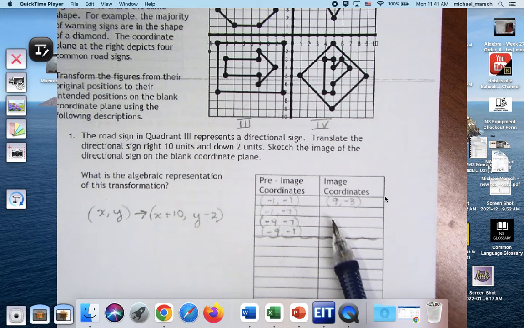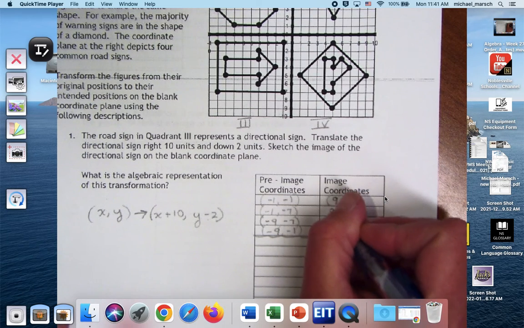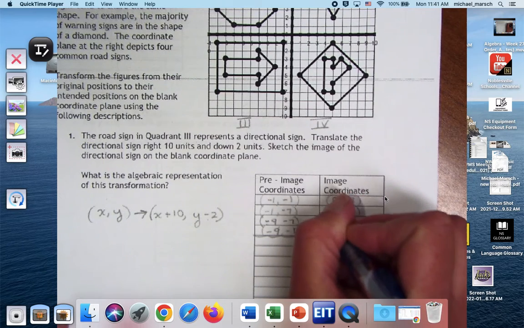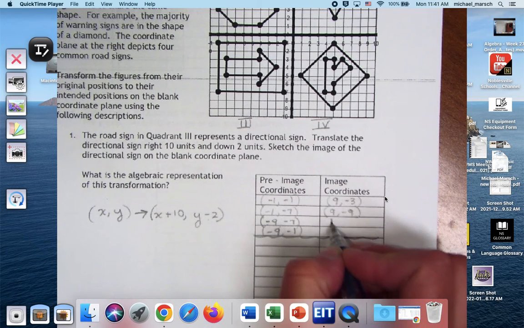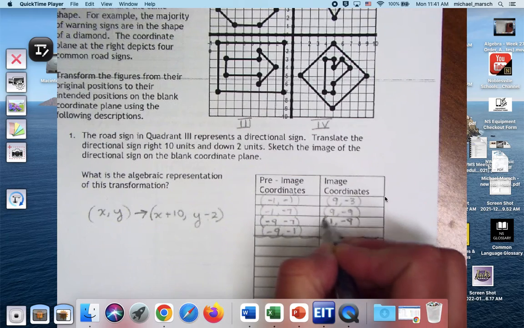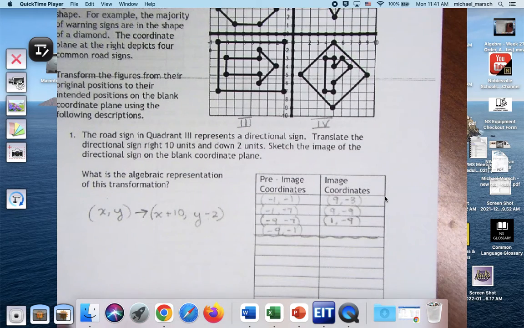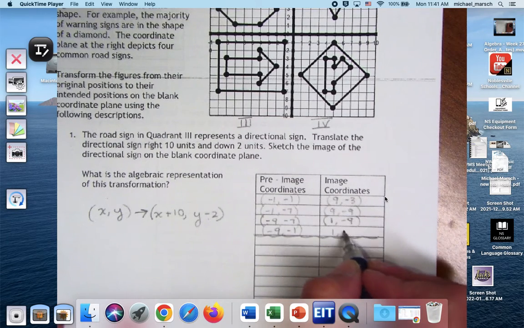How about the next ordered pair? 9, -9, and that's going to be 1, -9, and then 1, -3.